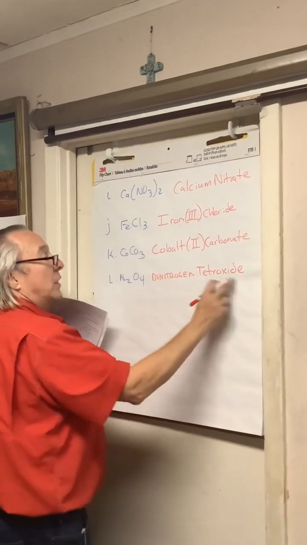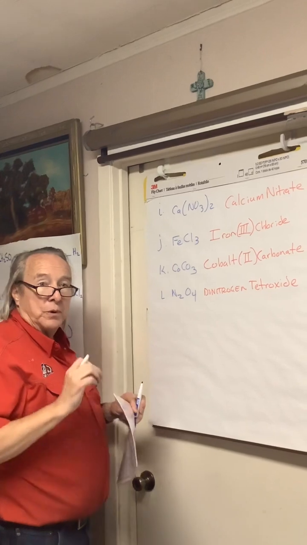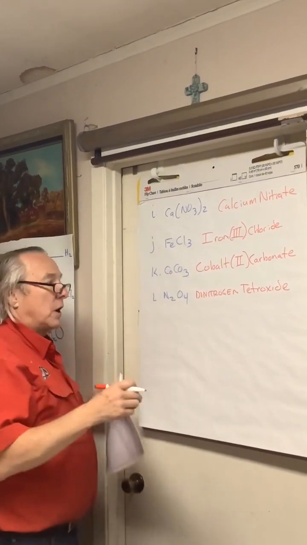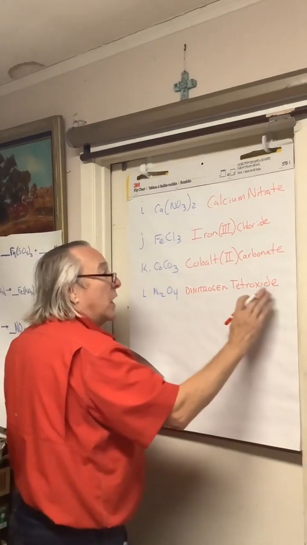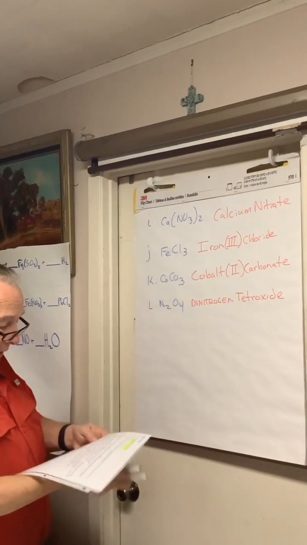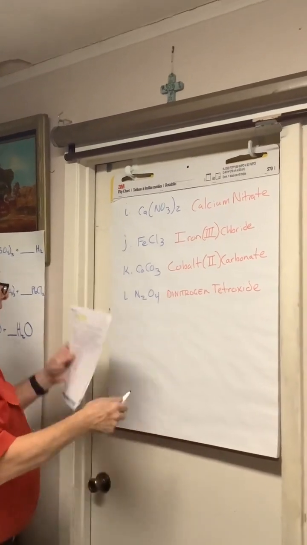If you wrote tetraoxide, you'd be okay too, but when you have an element starting with a vowel, you usually drop the A. But if you said tetraoxide, no one would fault you. That's your answer. Let's go on to the next and last question and do this real fast.